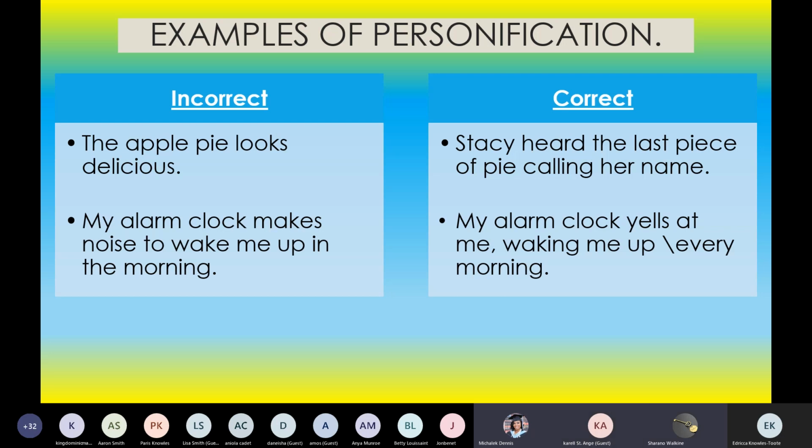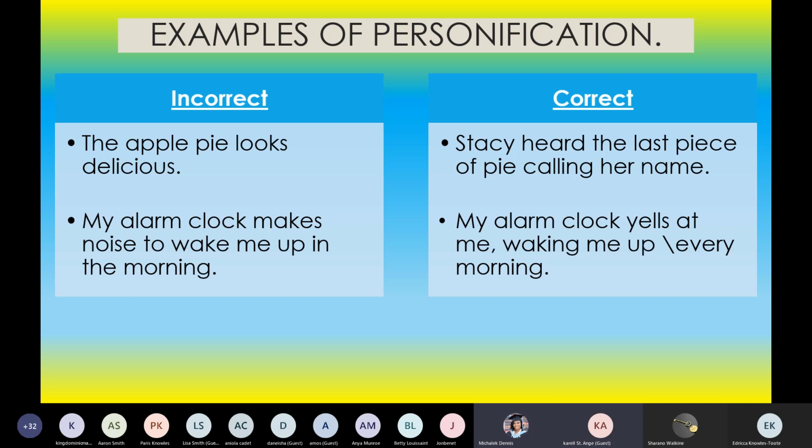The apple pie looks delicious. Delicious. Yes, it can literally look delicious. My alarm clock makes noise to wake me up in the morning. Of course, an alarm clock makes noise. That's the only way it's called an alarm. Okay, to wake you up. Now the correct way. Stacy heard the last piece of pie calling her name.